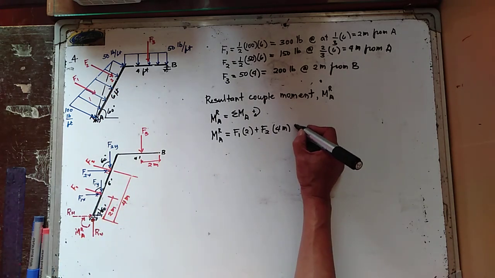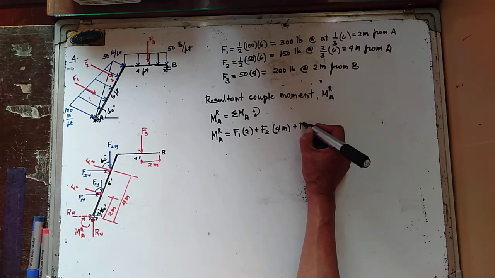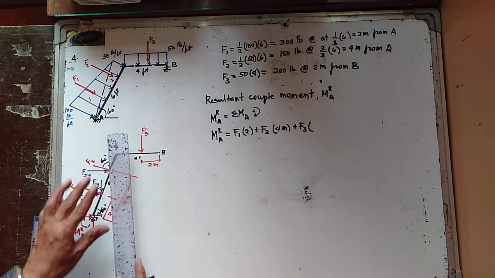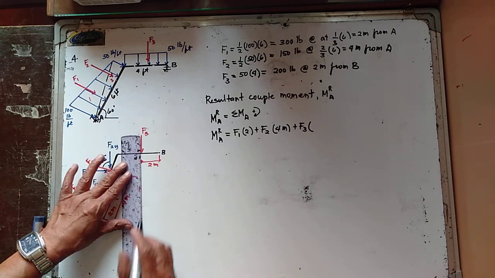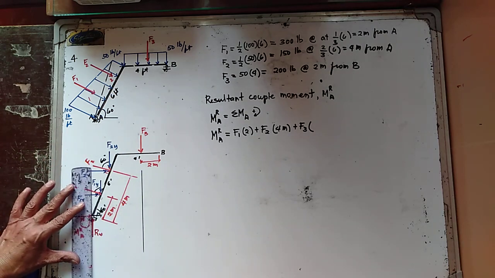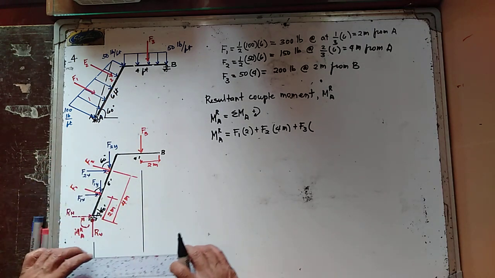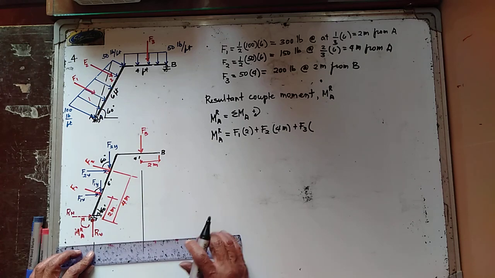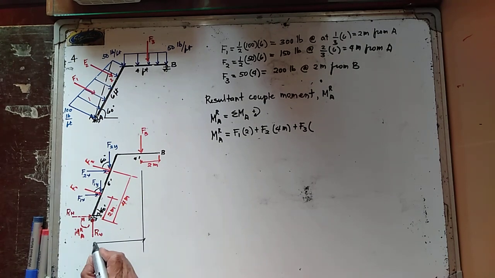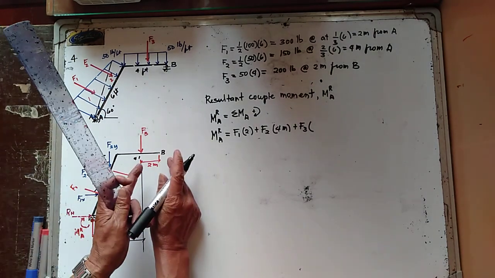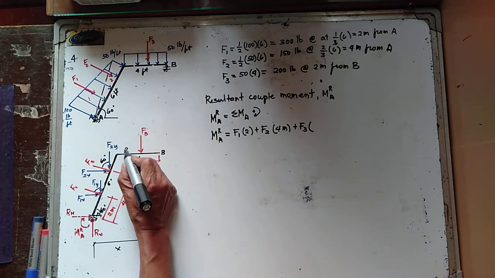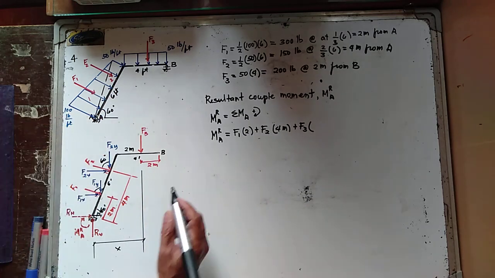Still plus F3 multiplied by its moment arm about point A. I'm just going to consider this one in here as X. So this is F3 to be X. So this is 2 meters from point B. This one is 4 feet. So this one in here is 2 meters from this point.